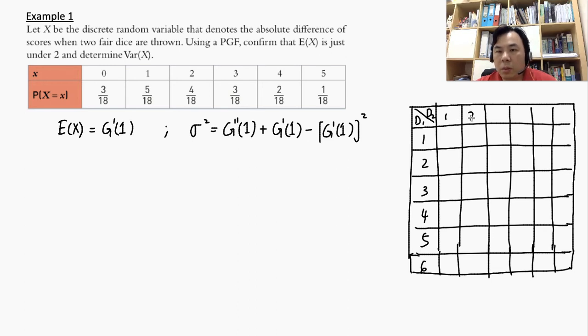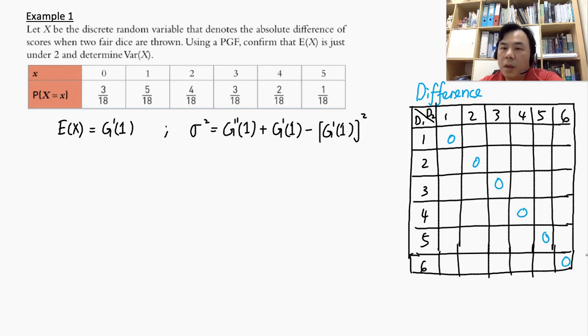Now let's look at how we develop the difference. If you got your first die to be 1 and then the second die to be 1, we are interested to investigate the difference between the values obtained from the dice. So the difference will be 0, 0, 0, 0, 0, 0 here.